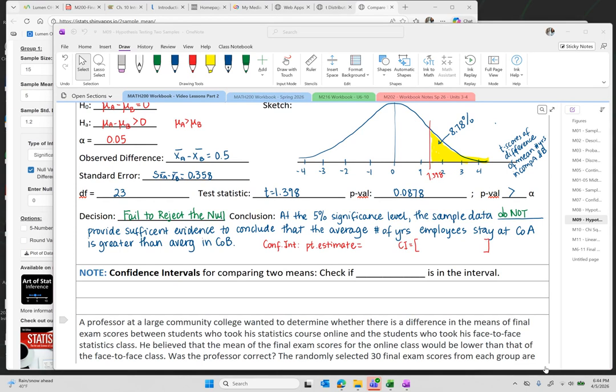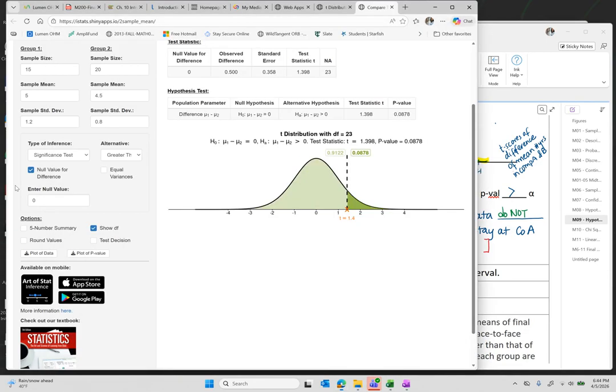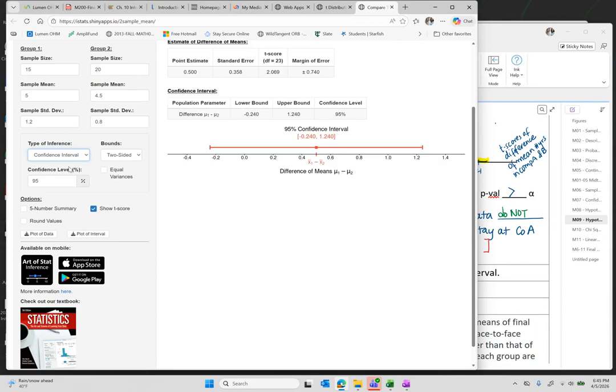Remember that we can do the confidence interval also as a method of determining the decision and conclusion of a hypothesis test. So here again, if we go in Art of Stat, we can select it to be a confidence interval.